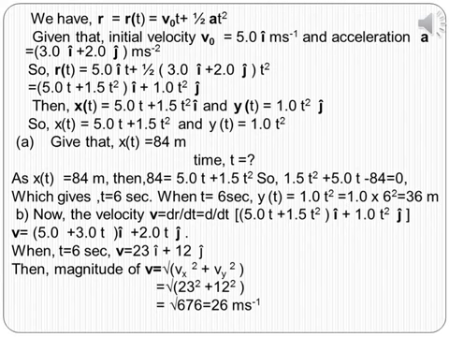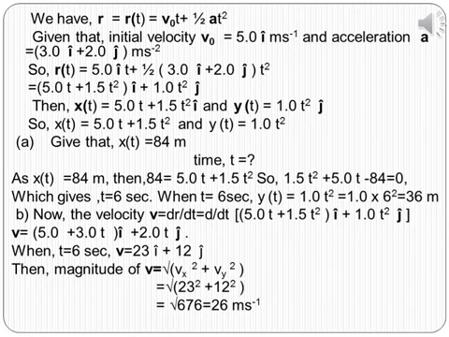So 1.5 t square plus 5t minus 84 is equal to 0. It is in the form of quadratic equation a t square plus bt plus c is equal to 0. On solving it, we get t is equal to 6 seconds.